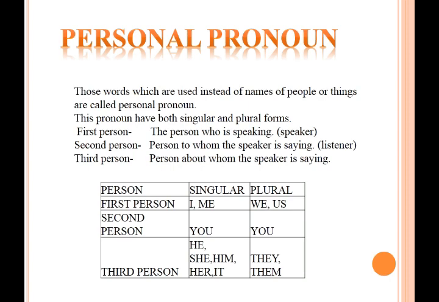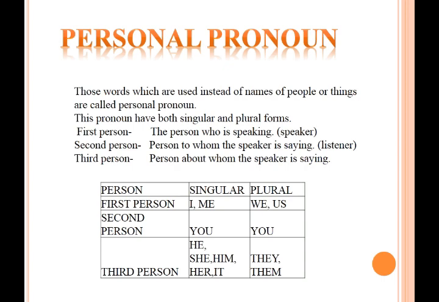Coming to the second person. It refers to the person to whom the speaker is speaking, or second person refers to the person spoken to. Now, as in the table you can see, both in singular and plural form, we use you for second person.